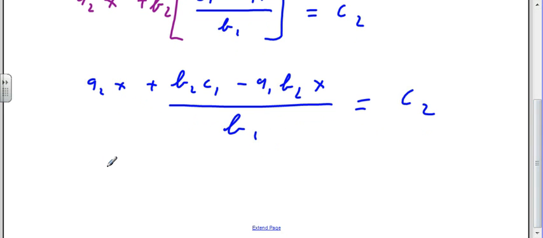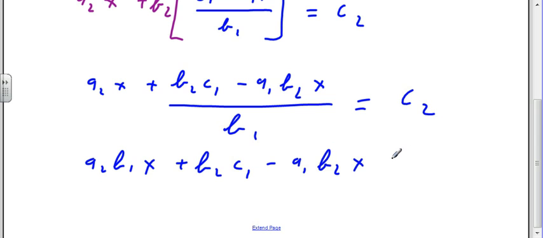And then I can say a2b1x plus b2c1 minus a1b2x is equal to c2b1. I apologize for that lack of alphabetical order.